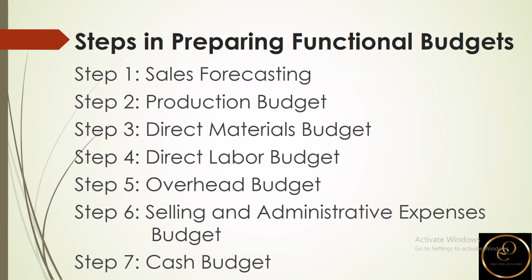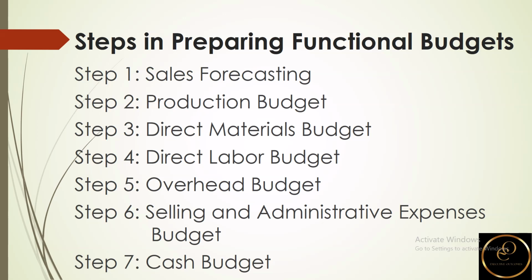The overhead absorption rate requires that you pick what base of absorption you are going to use. Is it production units? Is it material cost? Is it based on percentage labor cost? Is it based on percentage prime cost? Or is it based on machine hours or indeed labor hours?